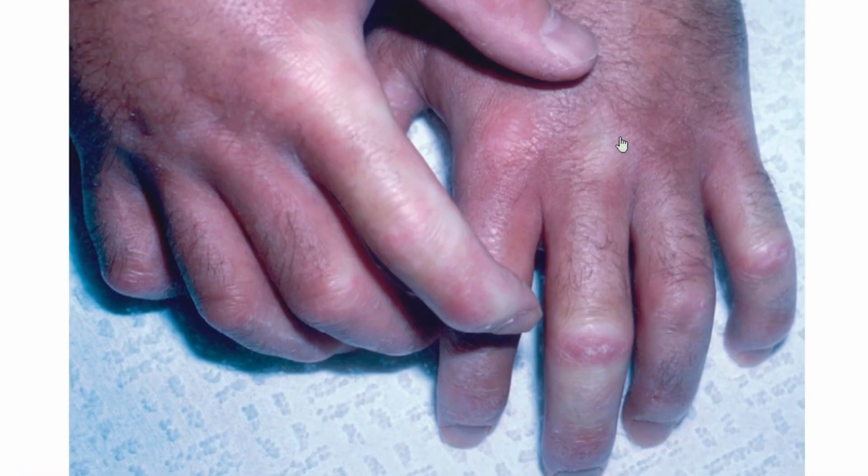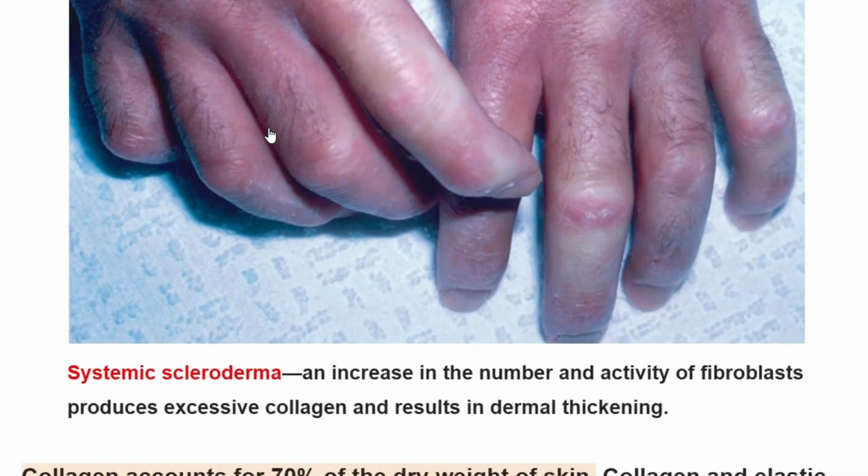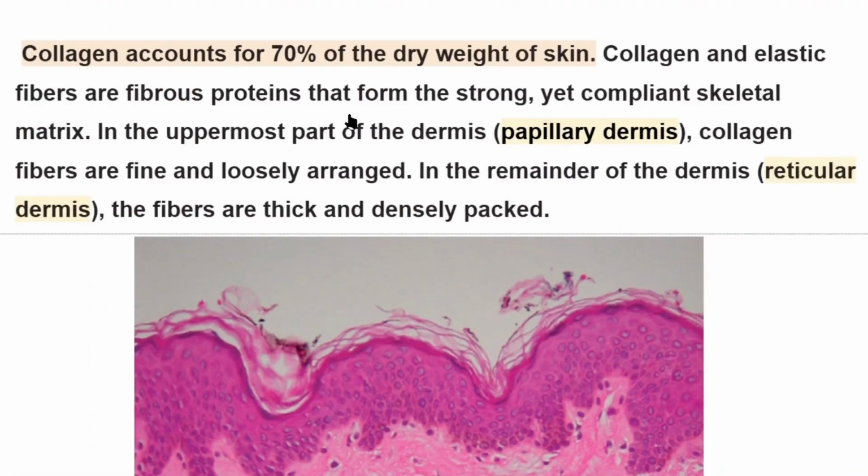In touch, we can feel the thickening and hardening of the skin due to the collagen deposition beneath the skin, due to the increase in the number and activity of fibroblasts, which leads to excessive production of collagen fibers.